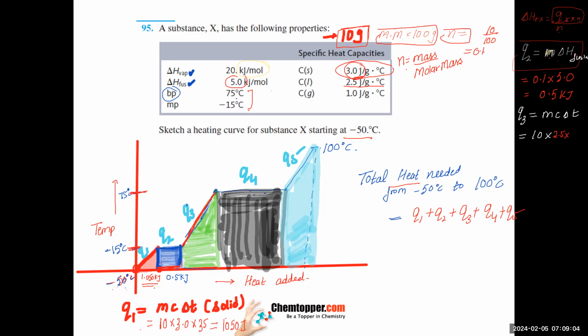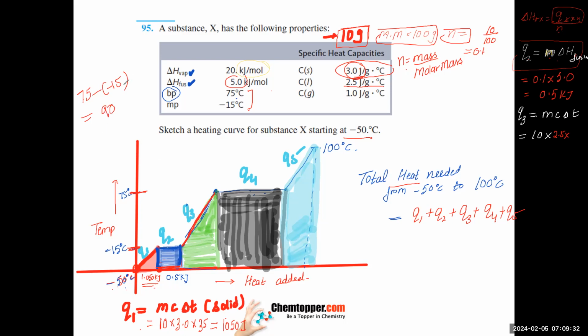Saranya, 75 is the final temperature and the initial temperature is minus 15. So Saranya is right and we all are wrong. Can you see Saranya has given the answer 90? It's 90.